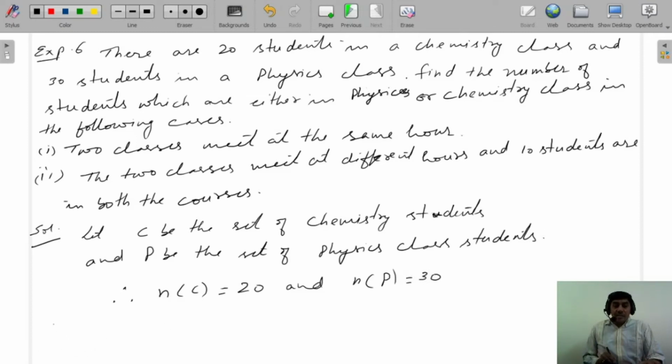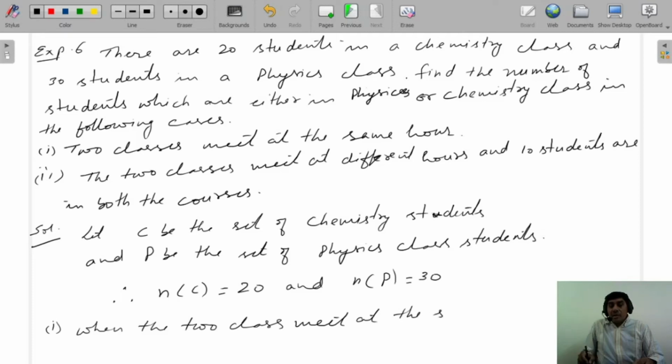First case, when the two classes meet at the same hour, this implies the number of students in both chemistry class and physics class is equal to 0, because the classes are at the same time.